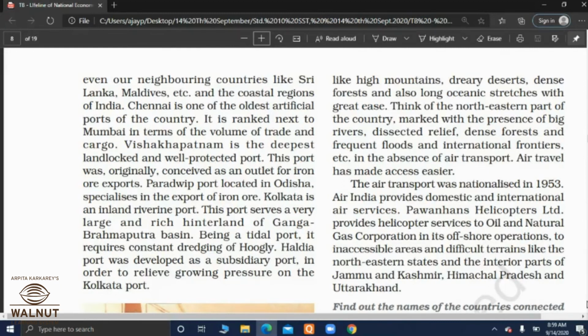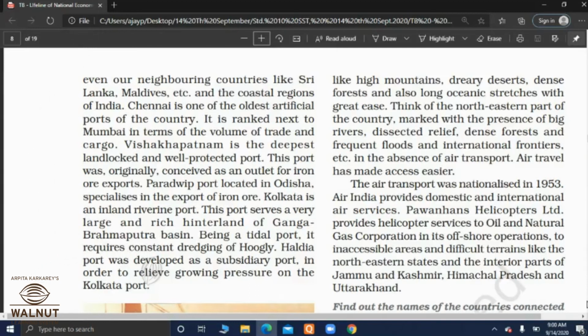Visakhapatnam is the deepest landlocked and well protected port. This port was originally conceived as an outlet for iron ore exports. Paradweep Port, located in Odisha, specializes in the export of iron ore. Kolkata is an inland riverine port.